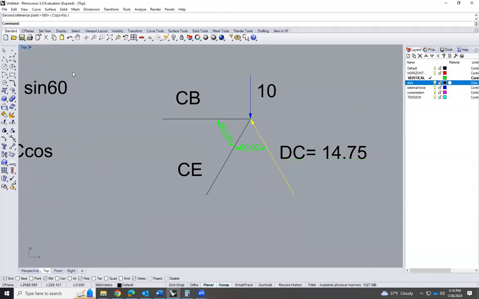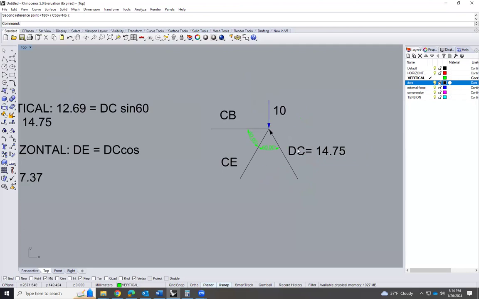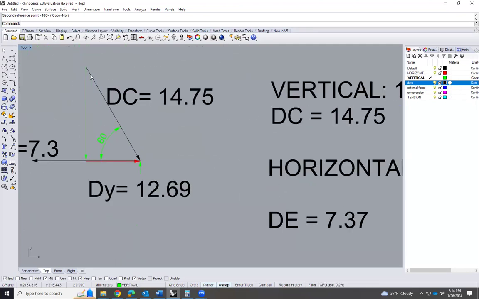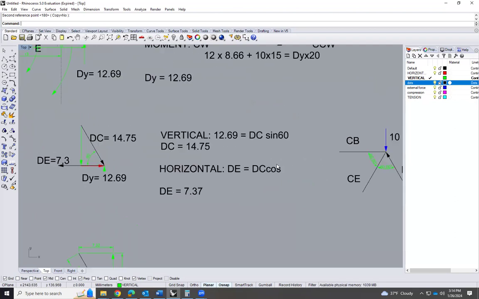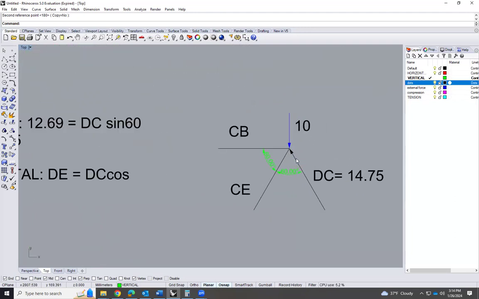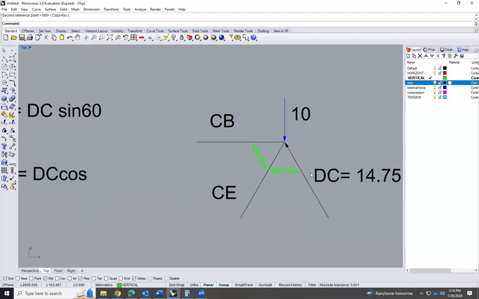Okay, so DC goes in this direction. Why? Because in the other case, it goes in this direction. So DC always moves towards the point. If we're analyzing point D, we have this arrowhead here. If we're analyzing point C, we have this arrowhead here. Okay, the value is 14.75.